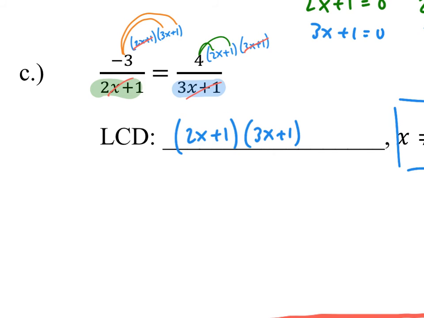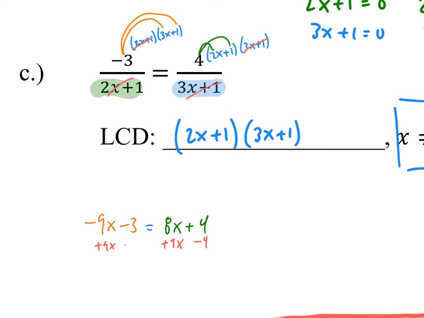Okay, so -3 times that would be -9x minus 3 equals, and then 4 times 2x plus 1 is 8x plus 4. Nice little easy linear equation to solve. I'm going to add 9x to both sides. Move my variables to the right, so my constants need to go to the left.